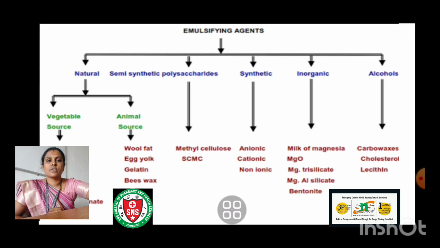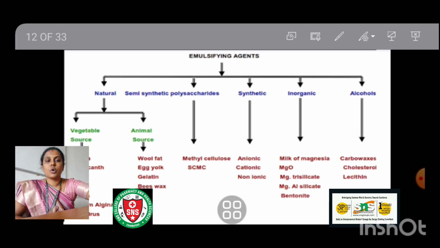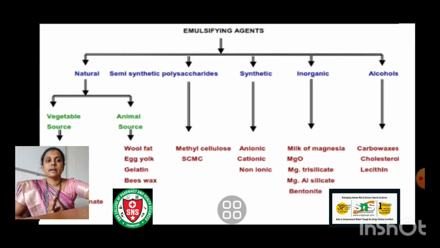Classification of emulsifying agents: we have natural, semi-synthetic, polysaccharides, synthetic, inorganic and alcohols. In natural we have vegetable as well as animal sources. Examples of all these are given in this flow chart. For semi-synthetic polysaccharides we have methyl cellulose.